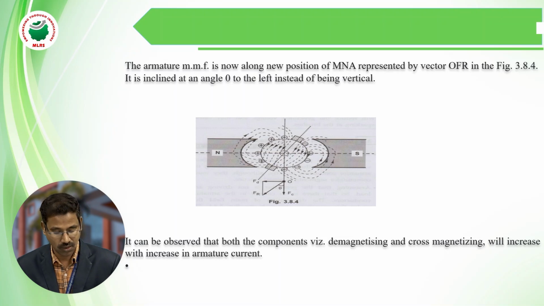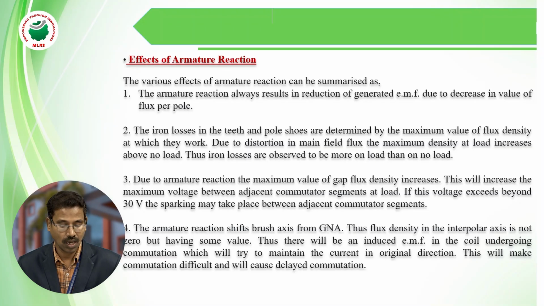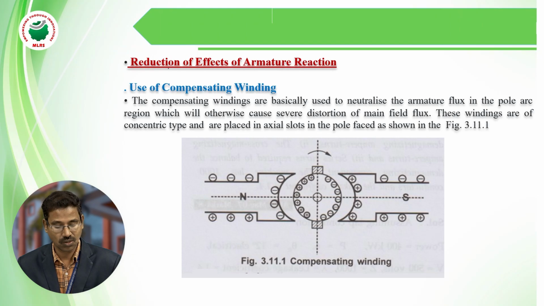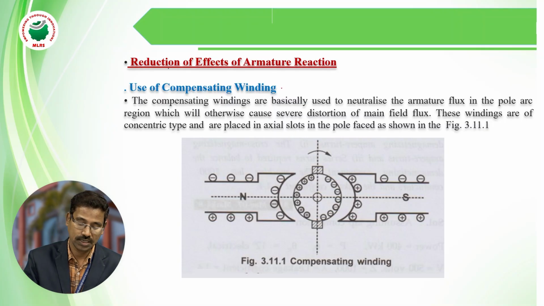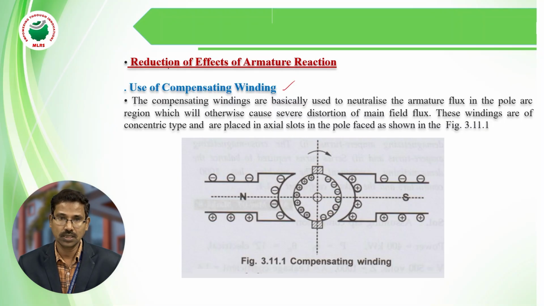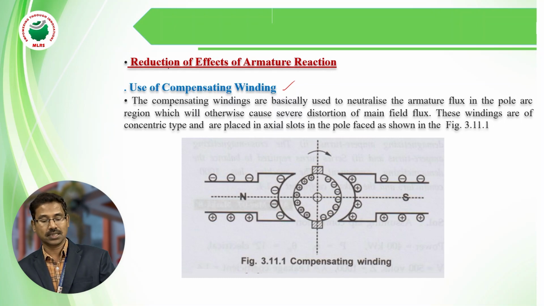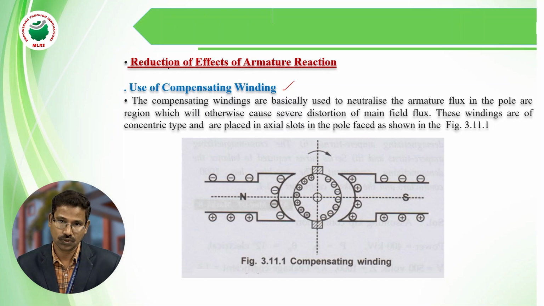This can be neutralized. The armature reaction can be neutralized with the help of two things: one is the compensating winding, the other is the interpolar winding. With the help of compensating winding and interpole winding, the armature reaction can be reduced.